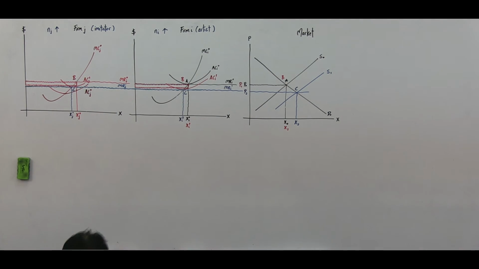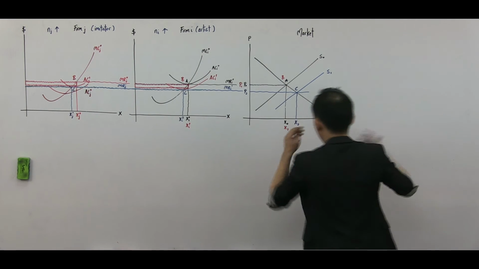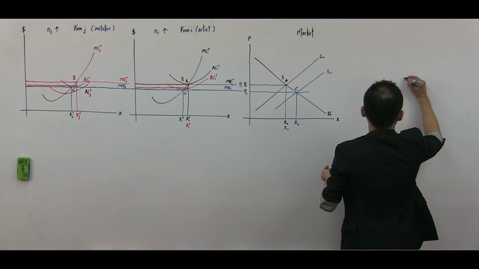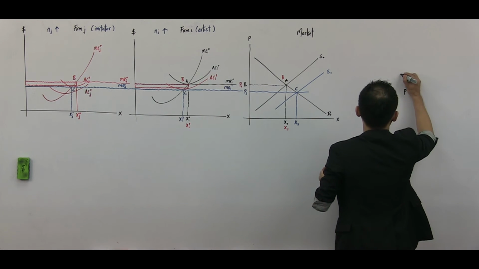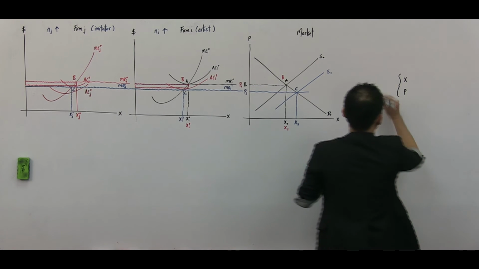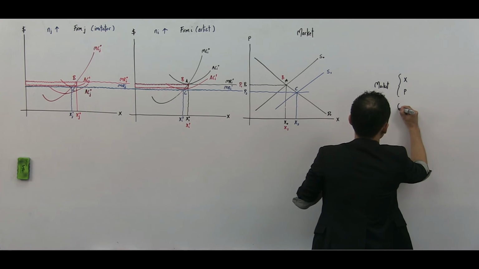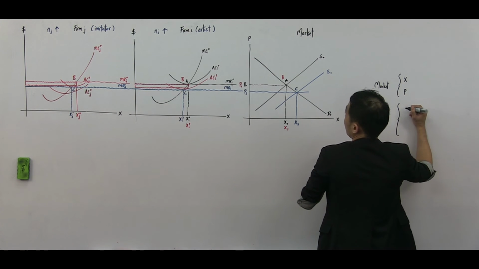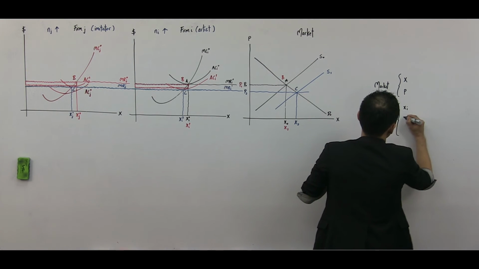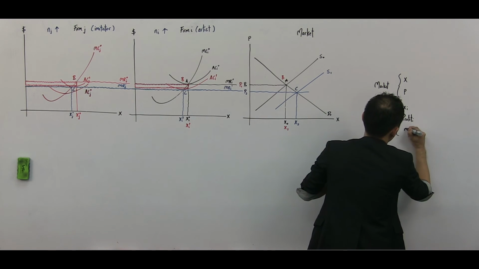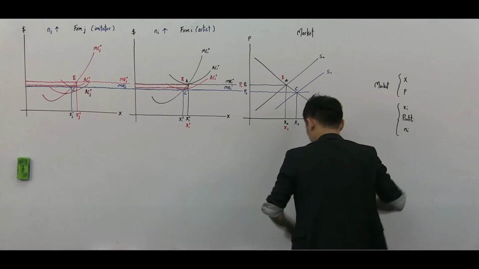Once you finish this, let's look at what we have. We have the effect on market, and the effect on your artist, which is XI, profit I, as well as NI, your artist.